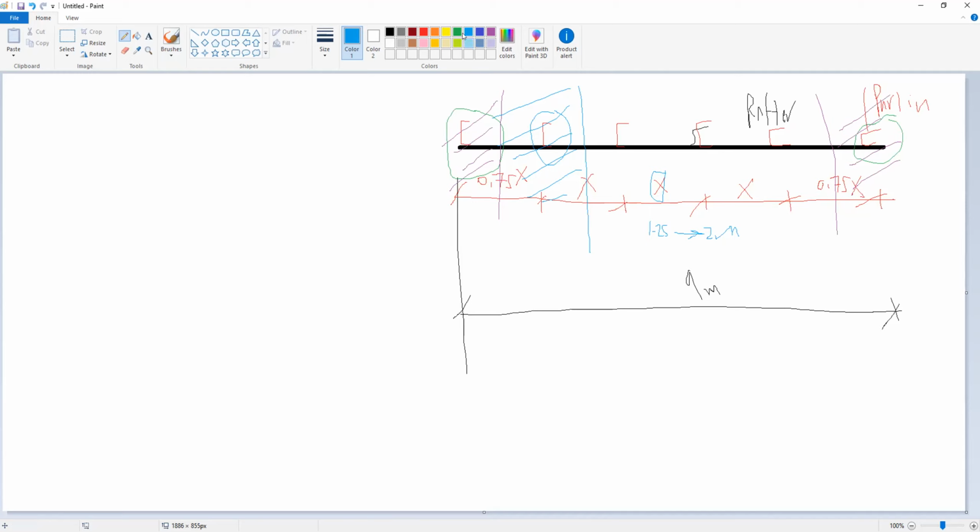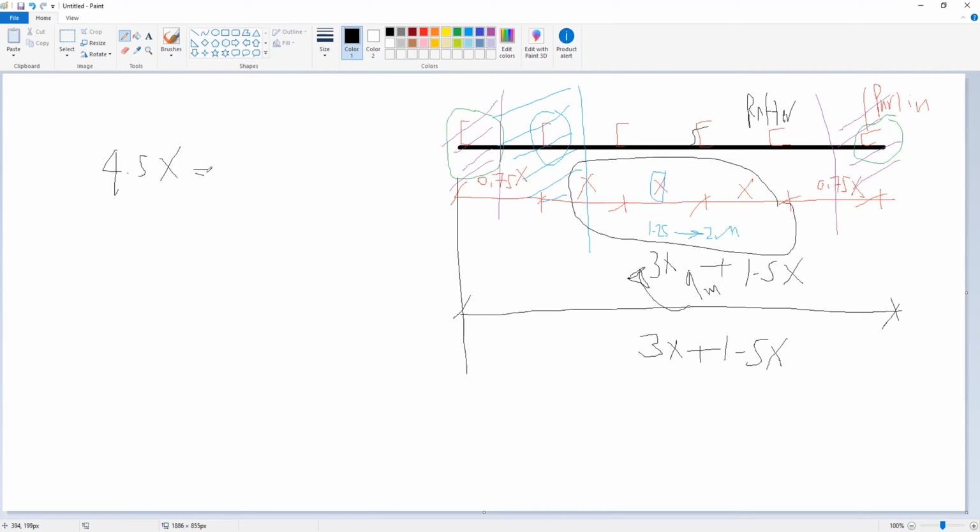3x for the internal ones, so 3x plus 0.75x from the right and 0.75x from the left, so we have 1.5x. So this 9 meter should be divided into 3x plus 1.5x, right? So 4.5x should be equal to 9.